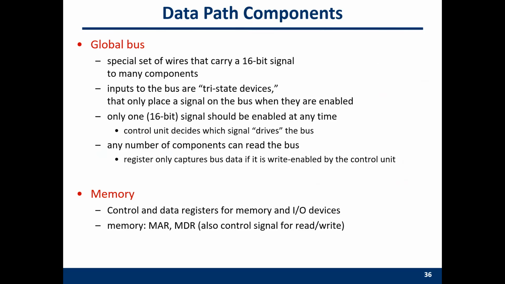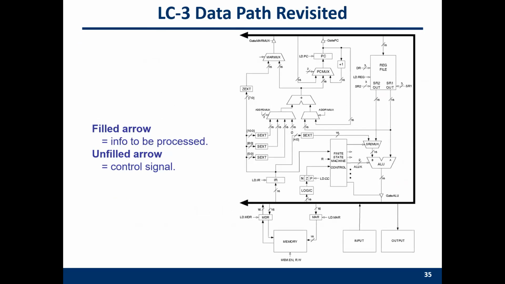All the components of LC3 are actually connected by a global bus. The global bus has a width of 16 bits. You can see that almost every component can be connected to this global bus: register file, memory, I/O, PC, ALU, all the major components.